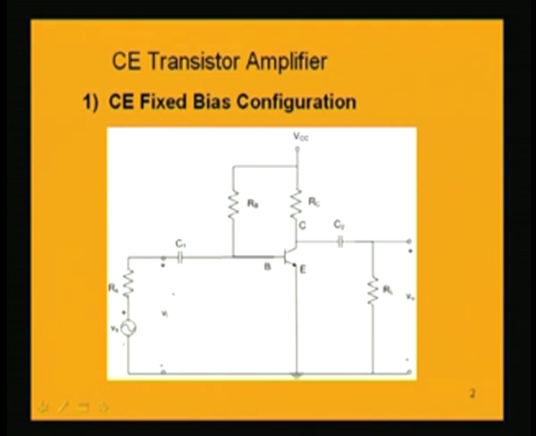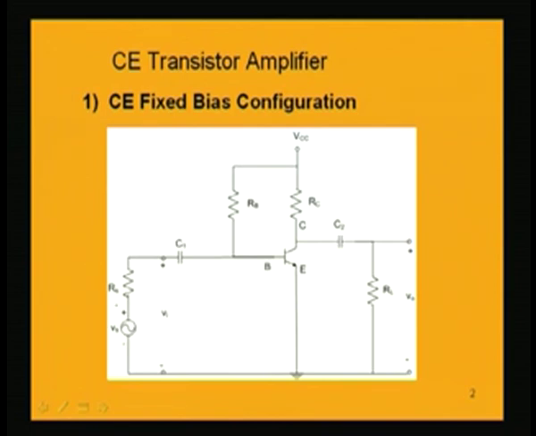Because we are drawing the AC equivalent circuit, and as these capacitors have large values, they are almost equivalent to short circuits as far as AC is concerned. So the part involving C1 and C2 will be a short circuit for this signal, which means we simply remove these capacitances. As far as the base terminal is concerned, it will have RB which is grounded, and it will be connected to Vs, the signal at the input, through the resistance Rs.